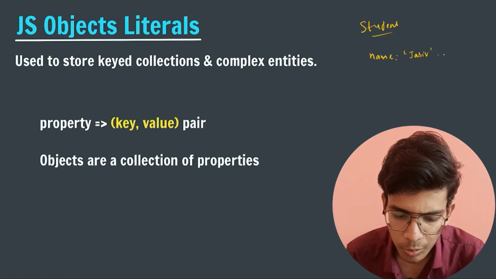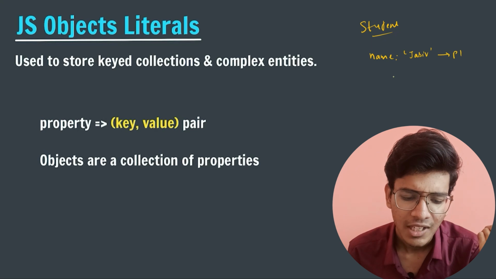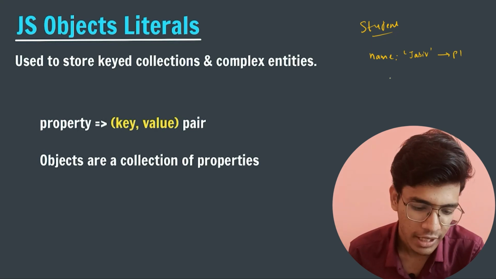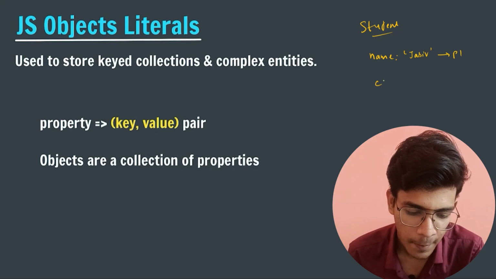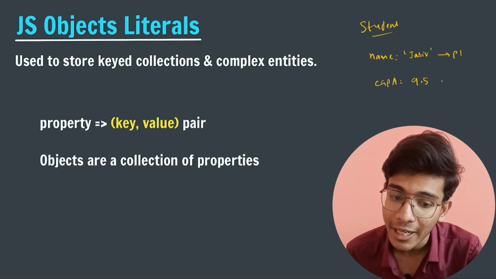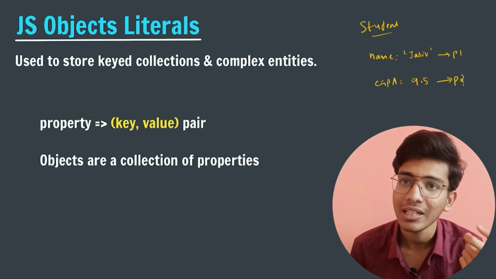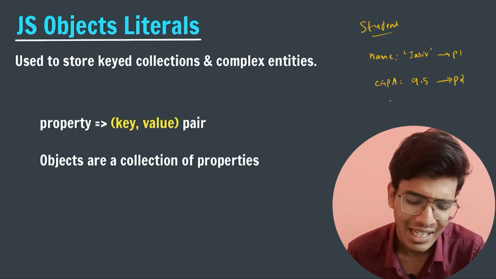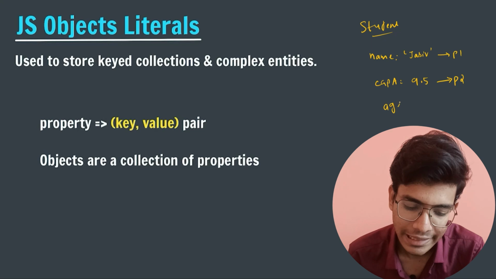So let's say this is property 1. Similarly, a student can have marks, so here I will give CGPA, let's say 9.5, and this will become my second property. Similarly, we can assign age as 18, so this will become property 3.